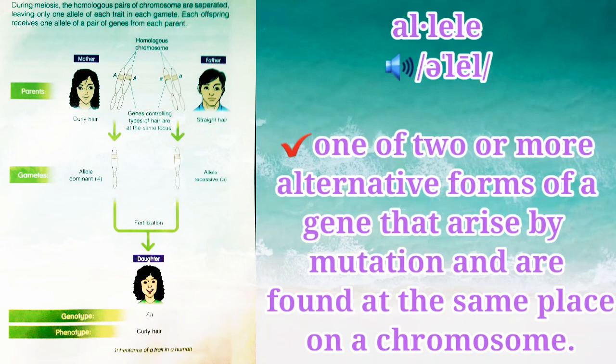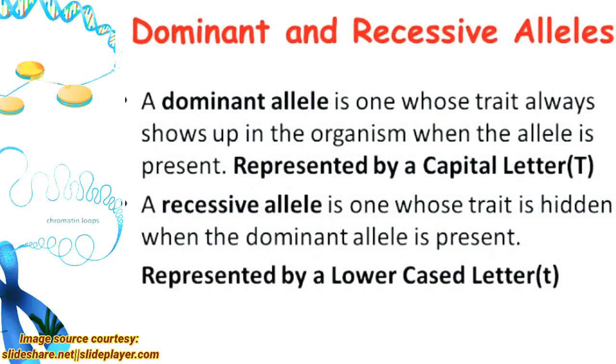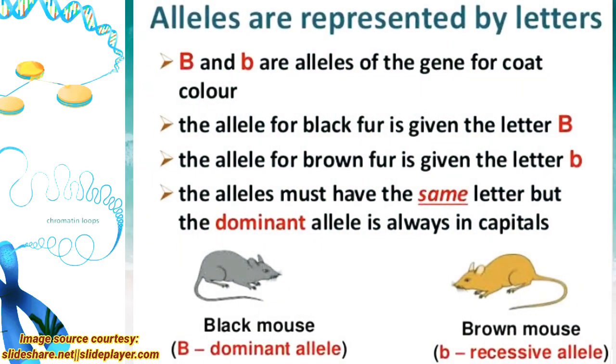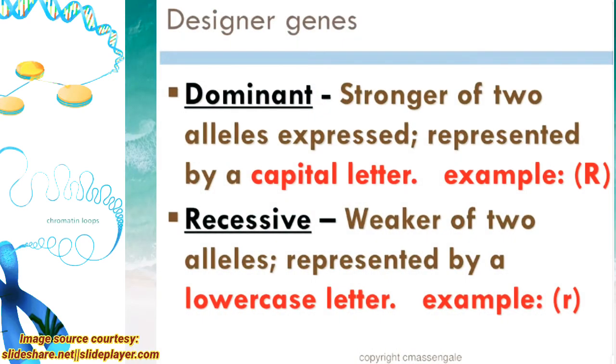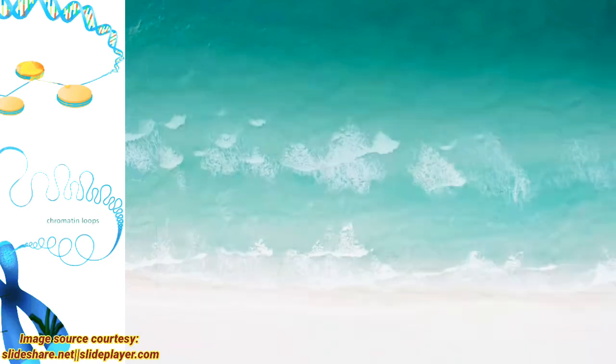Now, what are dominant and recessive alleles? The different versions of a gene are called alleles. Alleles are described as either dominant or recessive depending on their associated traits. Since human cells carry two copies of each chromosome, they have two versions of each gene. These different versions of gene are called alleles. Alleles can be either dominant or recessive.